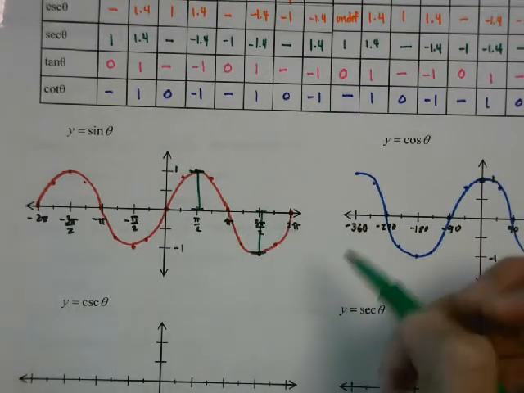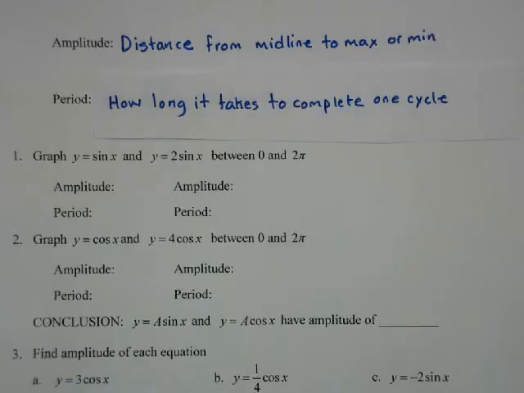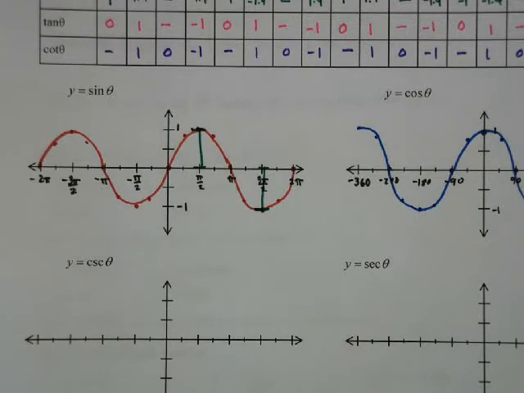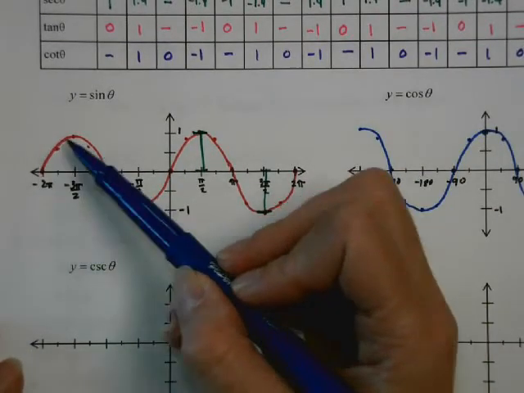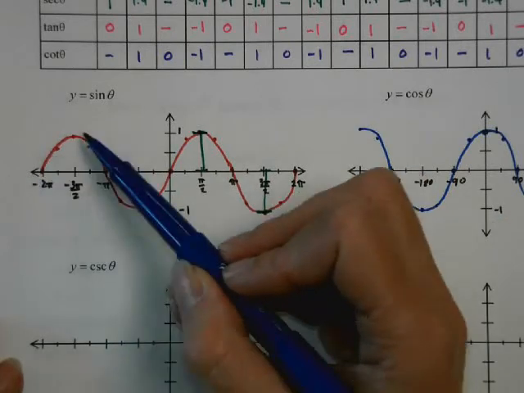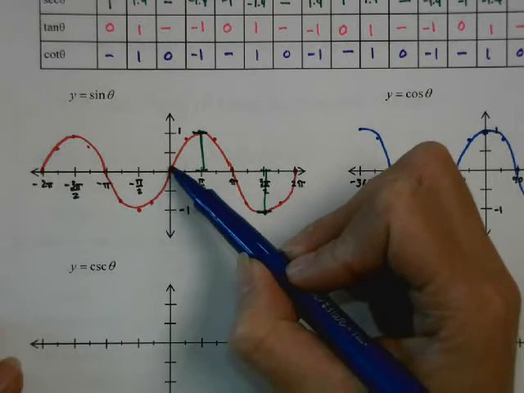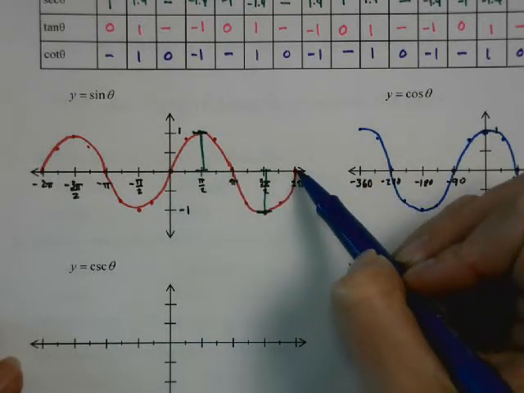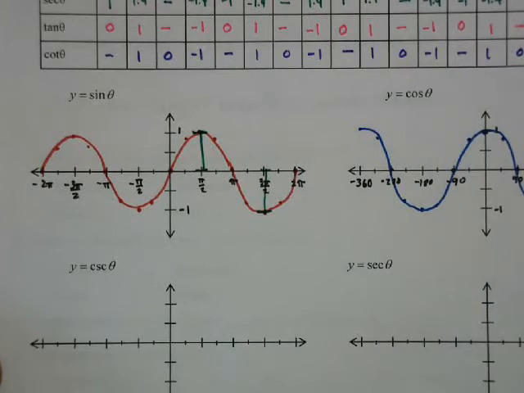So for sine and cosine, that amplitude is going to be 1. Period is how long it takes for the graph to complete one cycle. So let's look at sine. So sine keeps repeating itself. Here we have 2 full cycles of this function. So it takes from 0 to 2 pi before it starts repeating. So the period of sine and cosine is 2 pi.